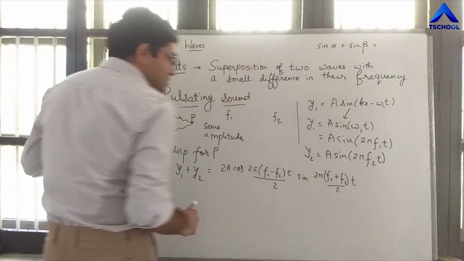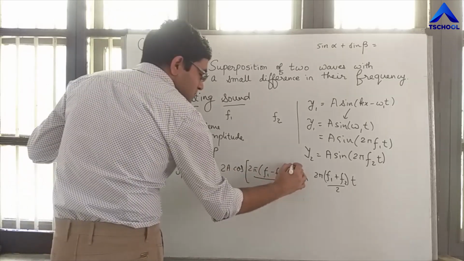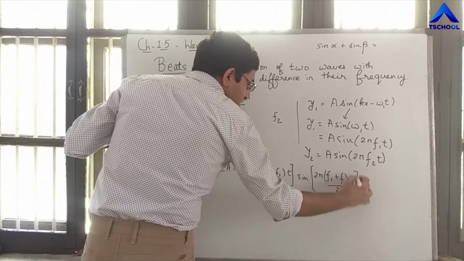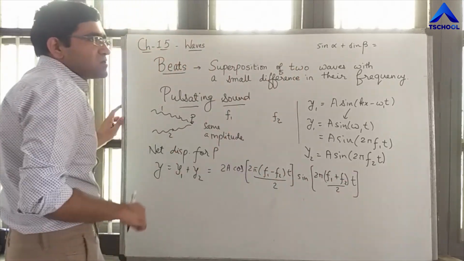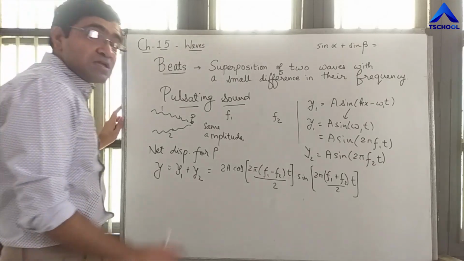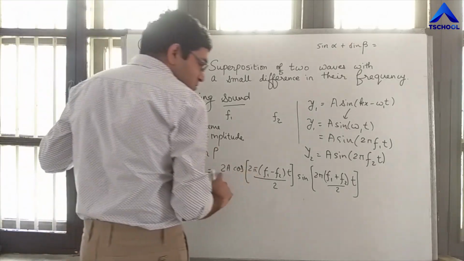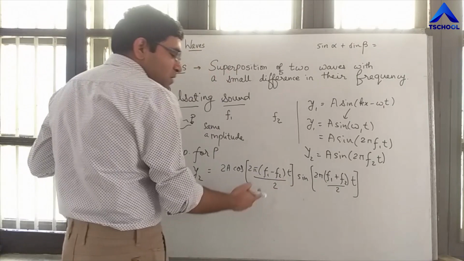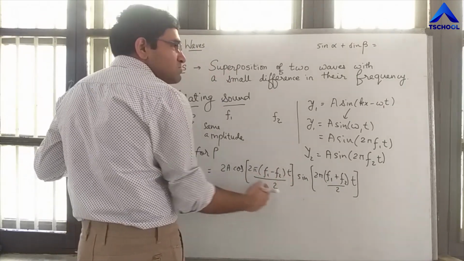Alright, so this is what we're getting here. You can verify what I've written. Obviously the formula is 2 sine (alpha plus beta by 2) into cos (alpha minus beta by 2).